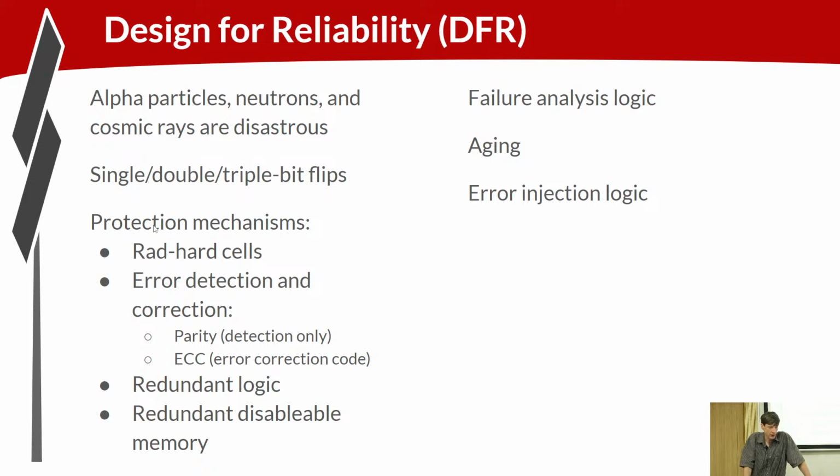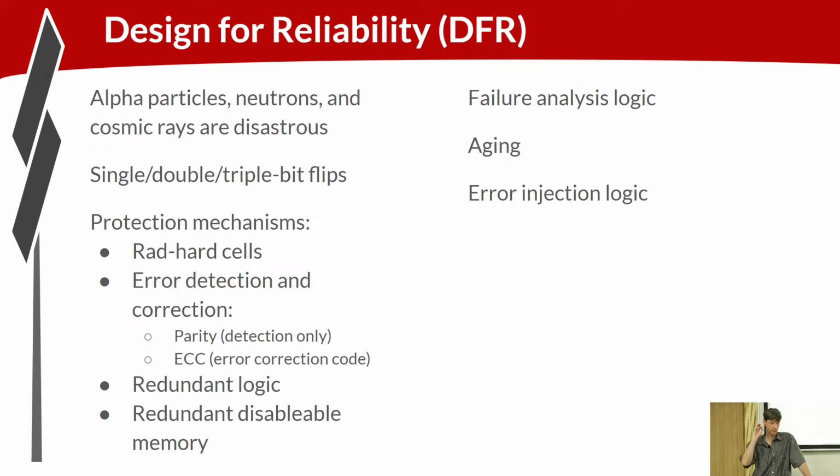So, design for reliability. This is basically about particle strikes from space. They're real. An alpha particle, which doesn't matter much to our bodies, matters a lot to silicon when you're talking about these microscopic, 2 nanometer scales.